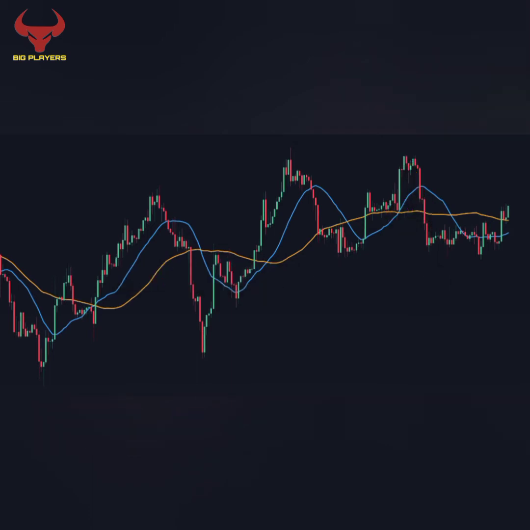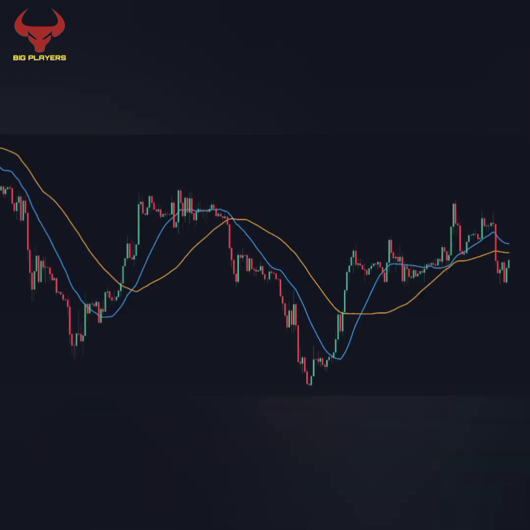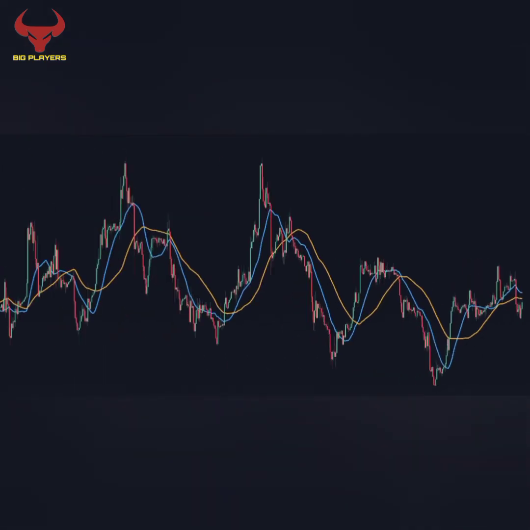So let's look at another pair instead. Here's the Euro GBP. If you zoom out and look closely at the 20 and 50 period, we can actually see that the market tends to react to the crossover. Over here, we can see that the moving average crosses over upwards, and the price followed that signal and made an uptrend. Next, you can see it happening again here.